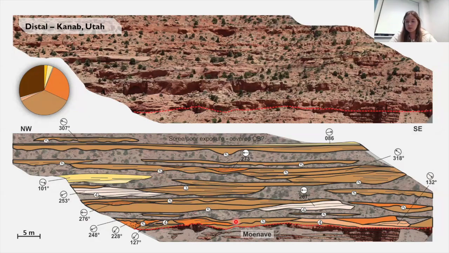We still get some channels within the distal, but these channels, particularly around the bottom here towards the boundary with the underlying formation, are related to the secondary fluvial system that I talked about at the start. But we're dominated by these sheet-like sands. These are like our splay deposits as well. We've got the upper flow regime structures, and we're getting interaction with some aeolian elements here in yellow too.